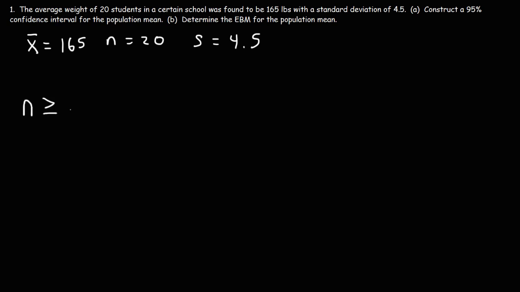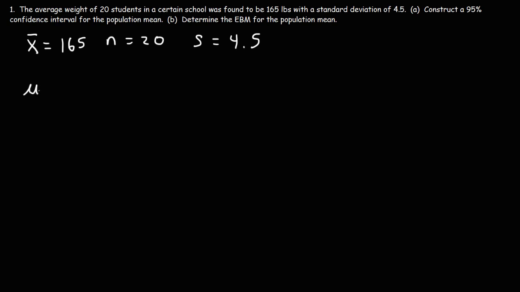When n is equal to or greater than 30, then it's a good indication that you want to use the normal distribution. But in this example, n is less than 30. So that tells us that we want to use the student's T distribution instead. So those are two good indicators that you should use the student's T distribution: if you have the sample standard deviation as opposed to the population standard deviation, and if n is less than 30.